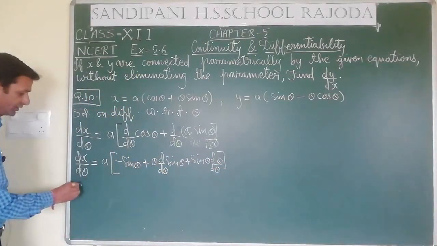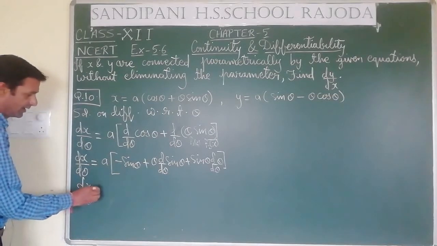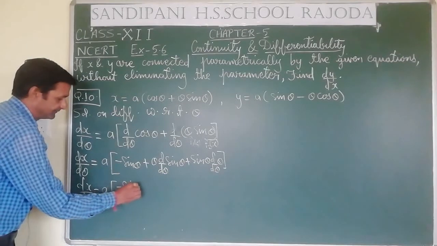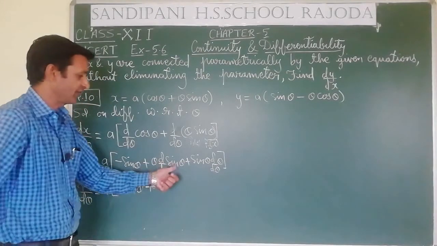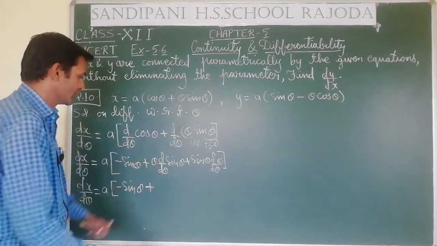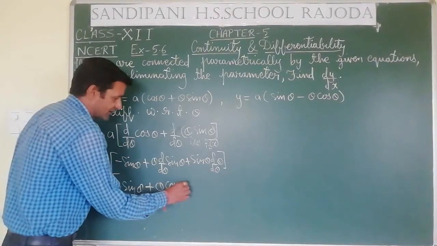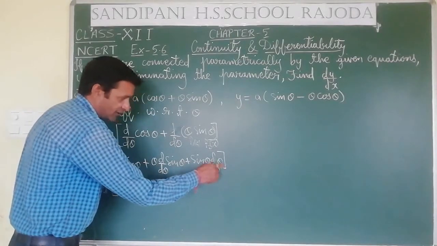So now dx by d theta is equal to a in bracket minus sin theta plus, differentiation of sin theta with respect to theta will be cos theta, so it will be theta cos theta, and afterwards differentiation of theta with respect to theta is 1 only.